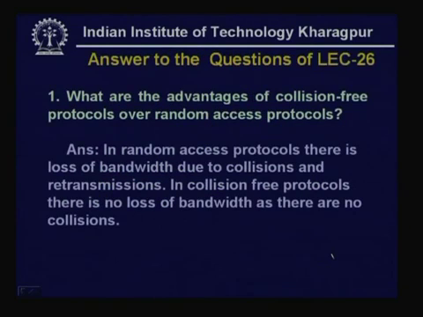Now let us consider the answers to the questions of lecture number 26. First question was, what are the advantages of collision free protocols over random access protocols? Answer is, in random access protocols there is loss of bandwidth due to collisions and retransmissions.